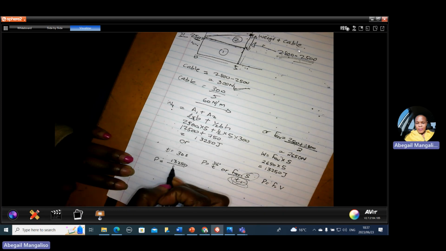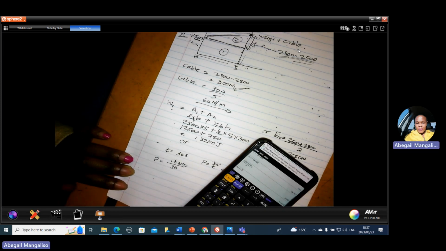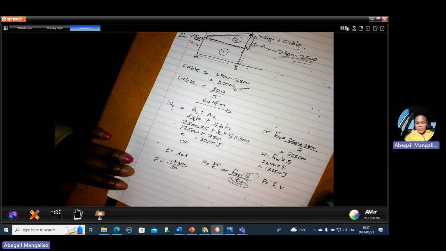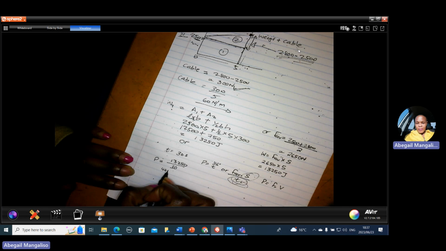Time is 30. 13,250 divided by 30, the answer will be 441.667 watts. That is the power.